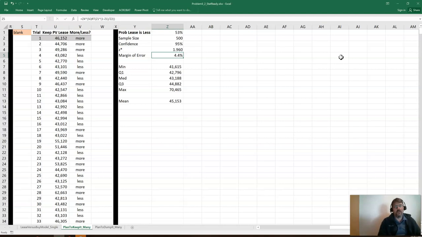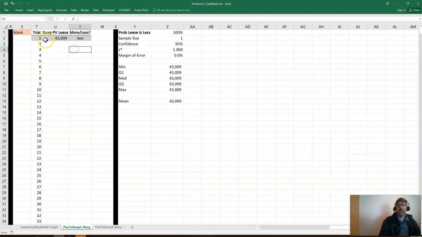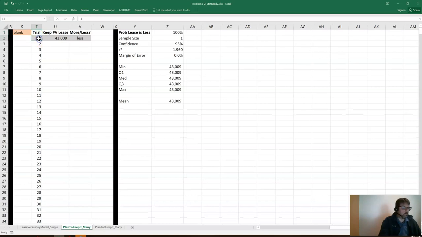So I'm going to, in this case, go back to my original problem and say 500 wasn't enough. So I'm going to delete the table that I put in here and redo it with 1,000 trials and see what that gives me.